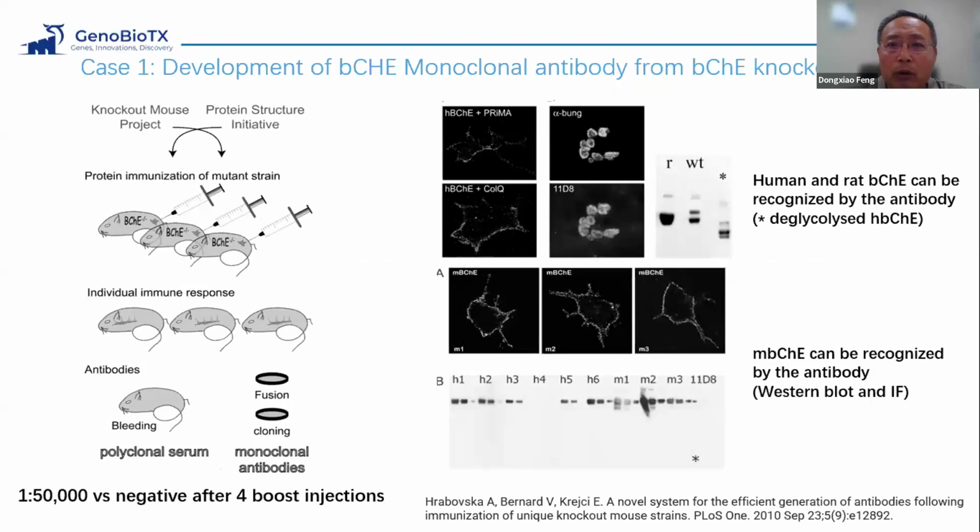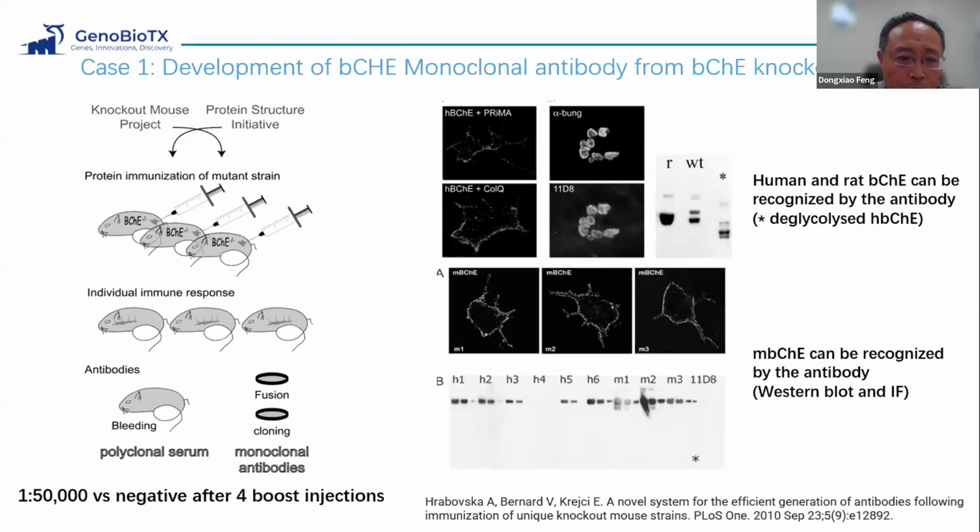These are 2 examples of people developing antibodies against self or high-homology antigens in knockout background mice. This is the antibody development for a BCHE antigen, the human antigen, and they knocked out the BCHE of the mouse and immunized the knockout mouse with the antigen.